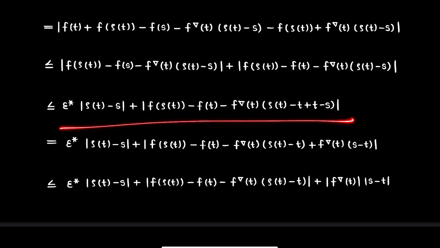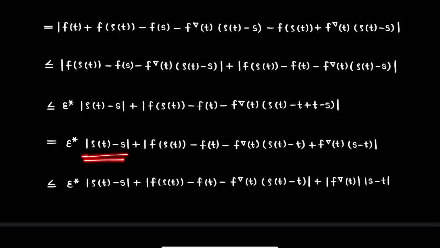So we get this whole term. So this is equal to epsilon star multiplied by modulus of ρ(t) minus s as it is, plus modulus of f(ρ(t)) minus f(t) minus f^∇(t) multiplied by (ρ(t) minus t), plus f^∇(t) multiplied by (s minus t).